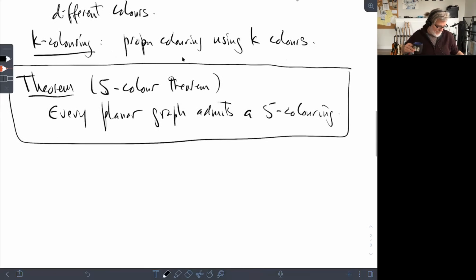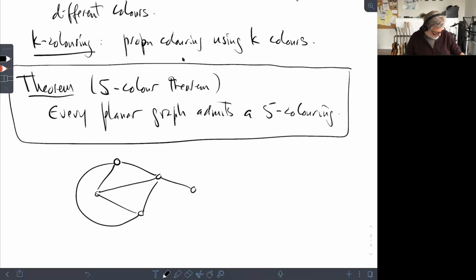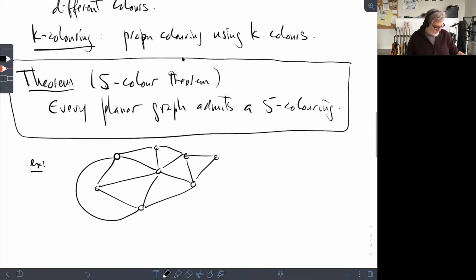So let's at least just do one little picture. I'm just making this up here, so I hope I don't make my life too complicated, but here's a planar graph, right? And rather than use colors, we usually use numbers because eventually it gets less confusing.